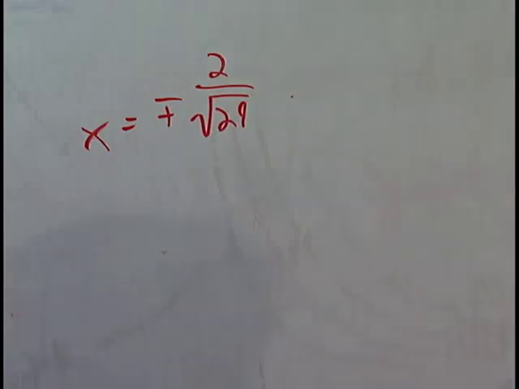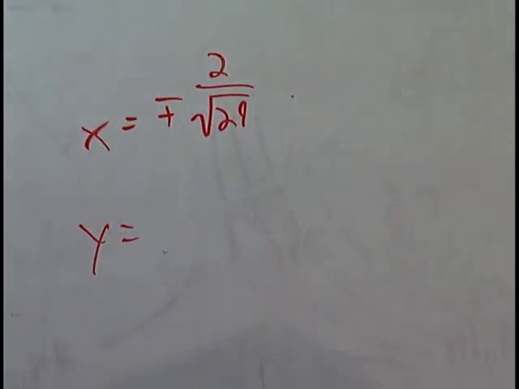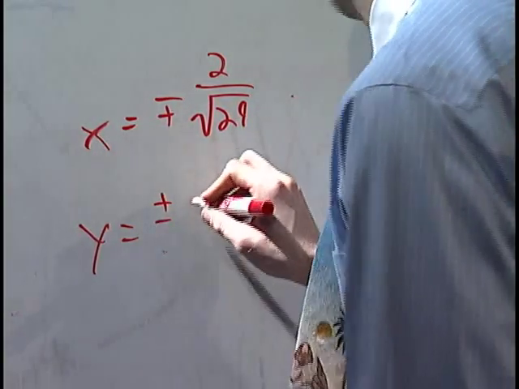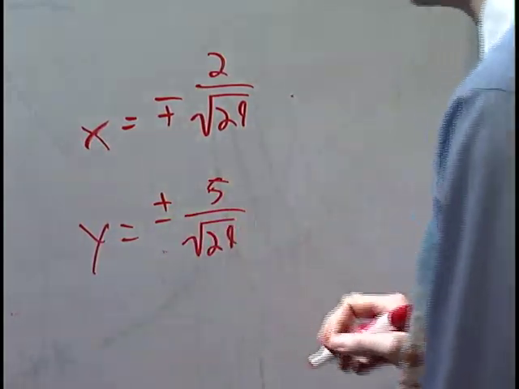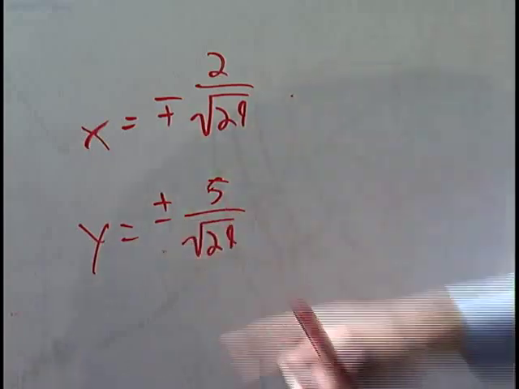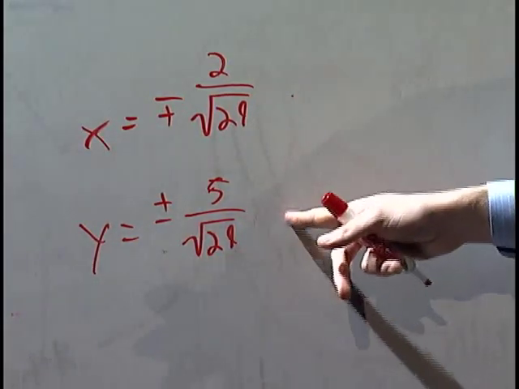When I plug in plus or minus root 29 over 2 here, the 2's are toast, so you get plus or minus 5 over root 29. And notice here the plus or minus is preserved, because when I plug in positive here, I get positive here. When I plug in negative here, I get negative here. Here it was reversed. Here it's the same, right?